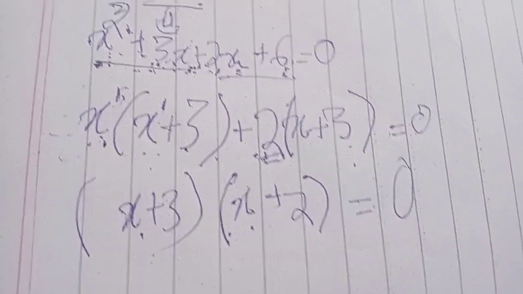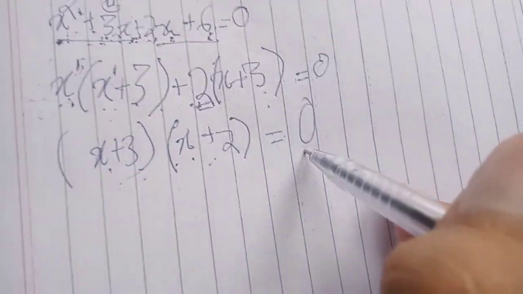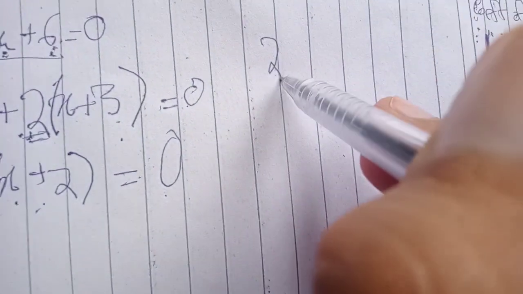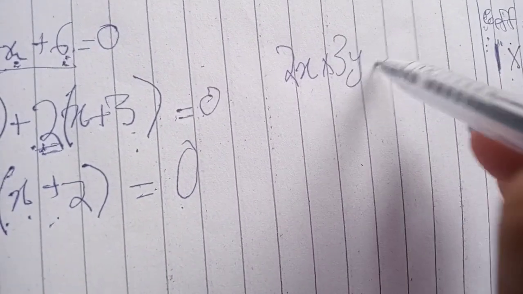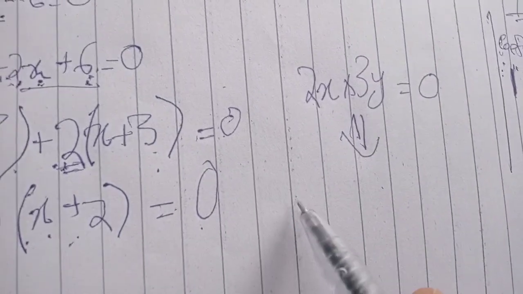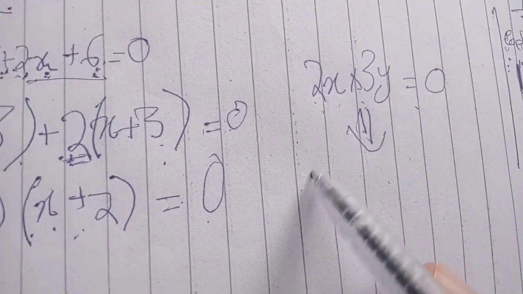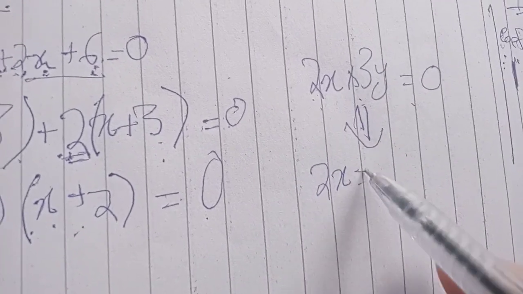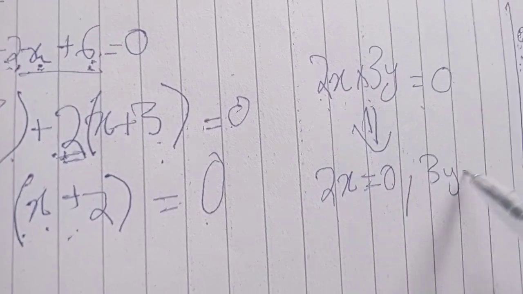Okay, now there is a rule in mathematics that if two numbers or two things are multiplied and equal 0, suppose 2x into 3y equals 0, then these numbers are individually equated to 0.